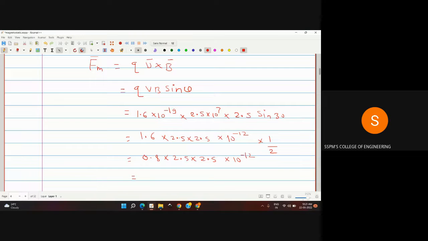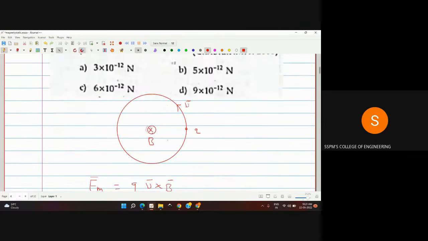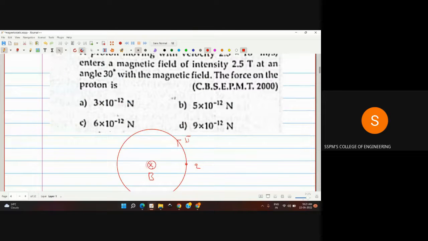Solve this, and the answer will be 5 into 10 to the power minus 12.